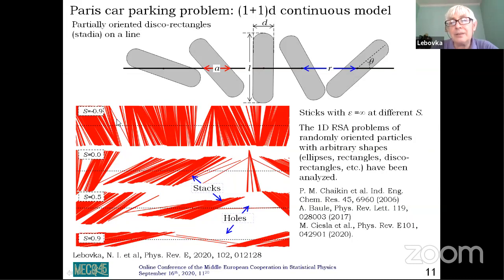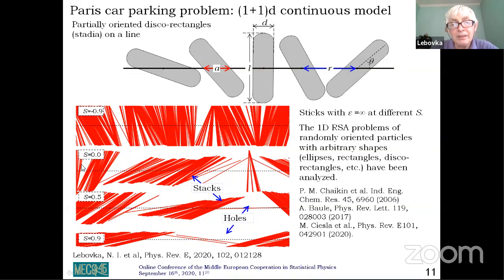Here we represent the situation when we consider a very long particle, for example, sticks. And you see that when the preferential orientation of the particles is perpendicular to the line, the order parameter is negative. We have such a situation.